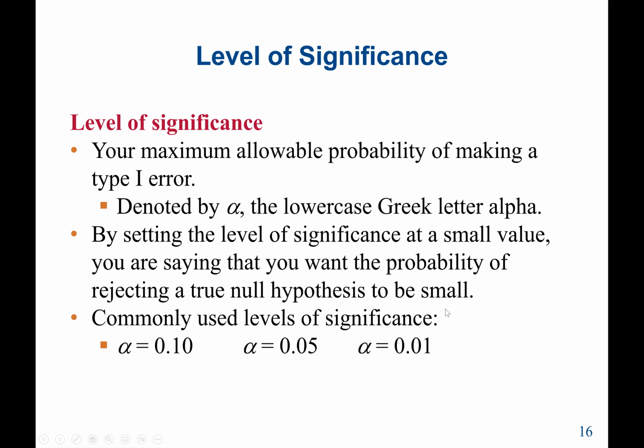So commonly used levels of significance are 10%, which is 0.10, or 5%, 0.05, or 1%, 0.01. The probability of a type 2 error is always equal to beta.